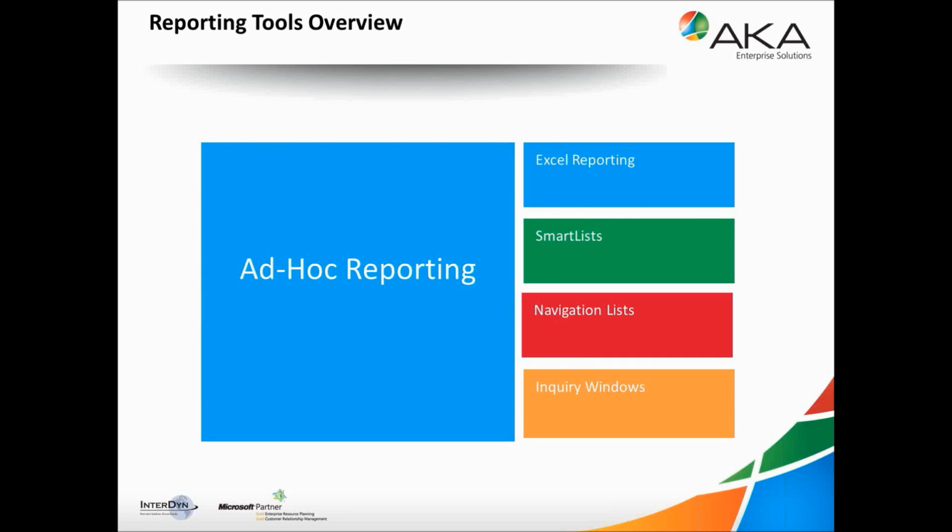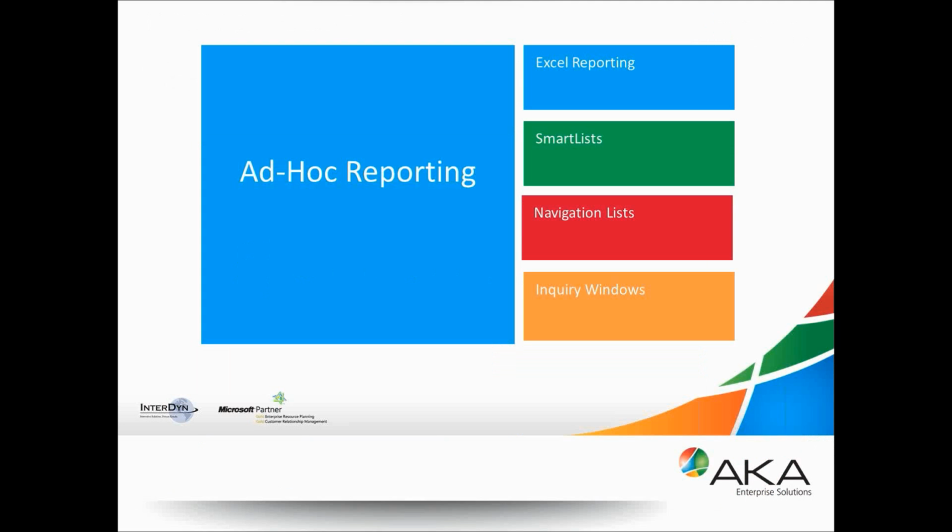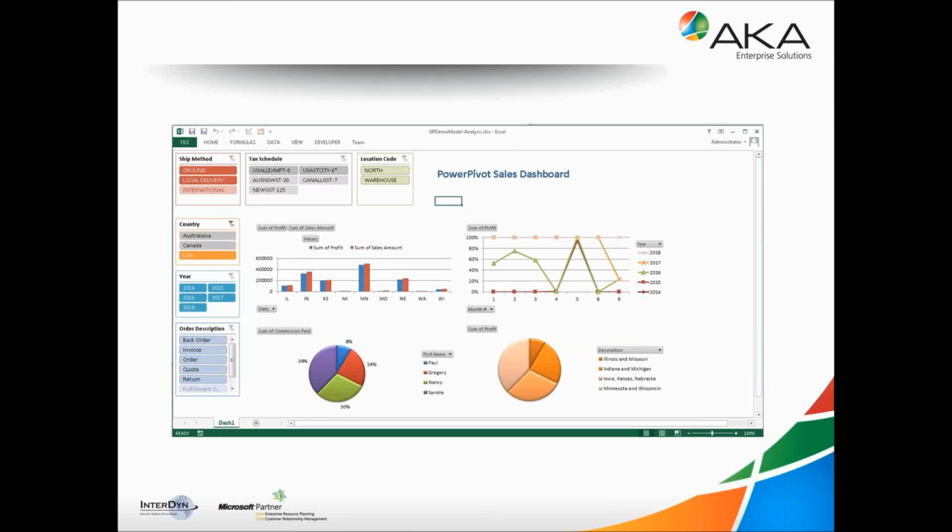Okay, so moving along. In this section, I want to focus on the ad hoc reporting tools, and they are Excel Report Builder, SmartLists, the navigation lists, and the inquiry windows. Okay, so this is just something for inspiration. This is a nice looking report that was done with Excel Report Builder, using information from GP and then leveraging all of the data slicers inside Excel.